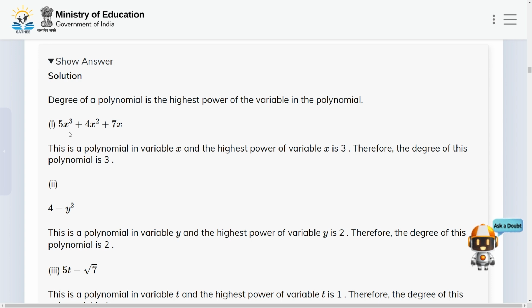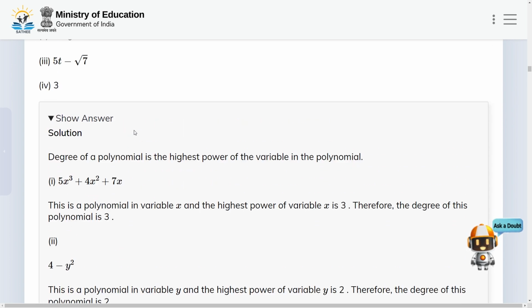Here this is a polynomial in variable x, and the highest power of the variable x is 3. Therefore the degree of the polynomial is 3.